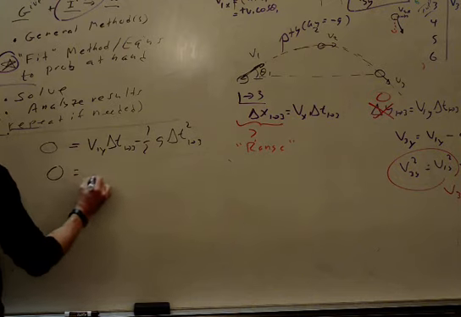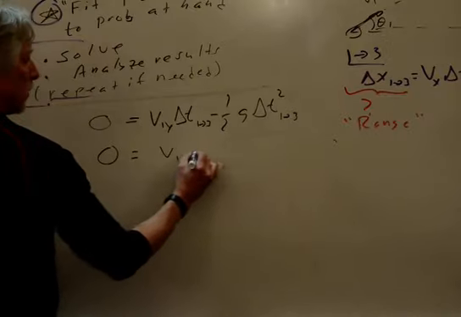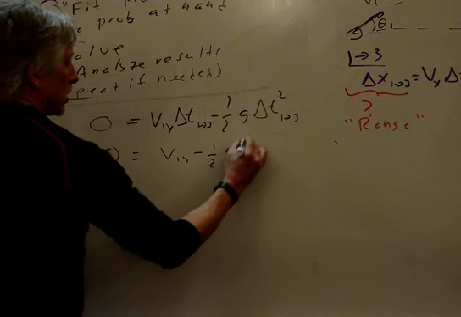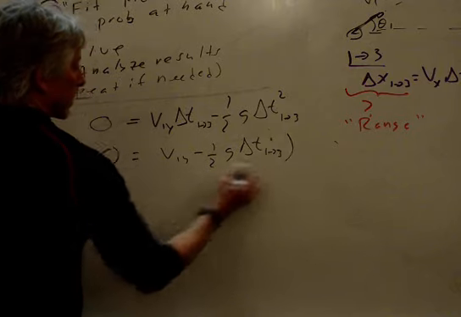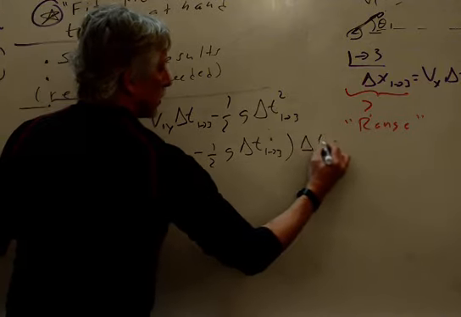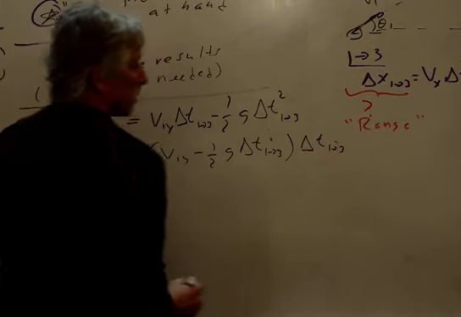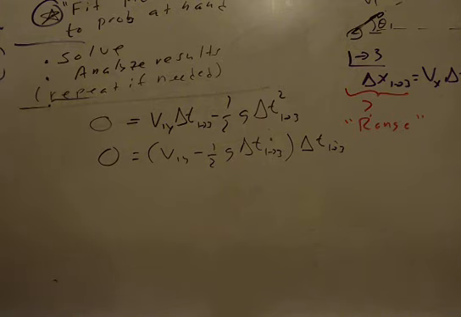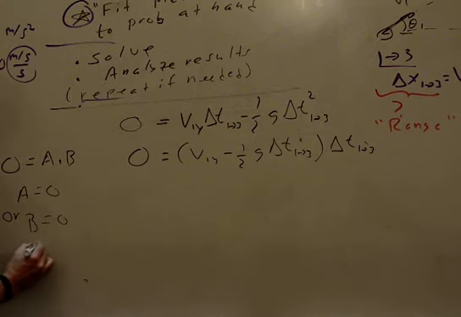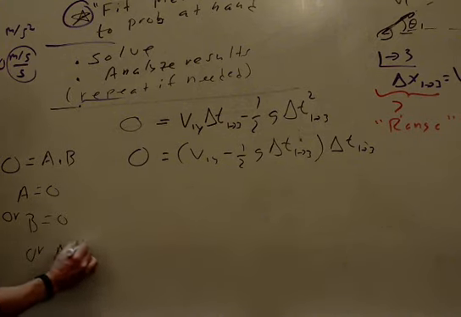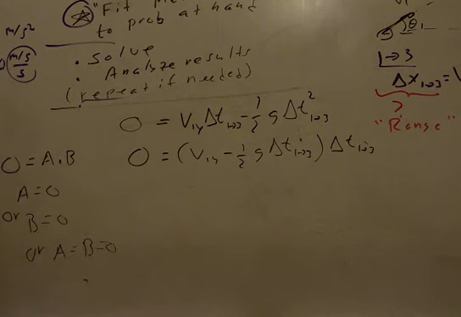This is 0, so that's v1y minus 1/2 g delta t 1 to 3 squared. Oops, hello. Factored it out, didn't I? Delta t 1 to 3. I'm just doing algebra now. Now, if 0 is equal to a times b, either a equals 0, or b equals 0, or maybe they're both 0.